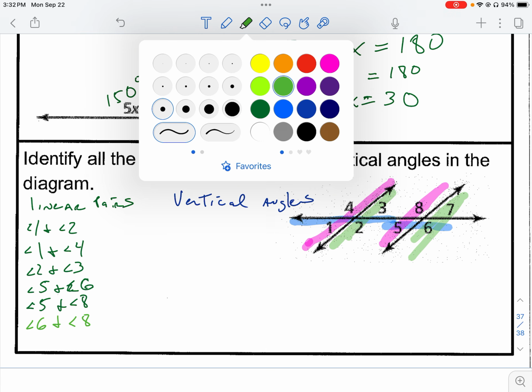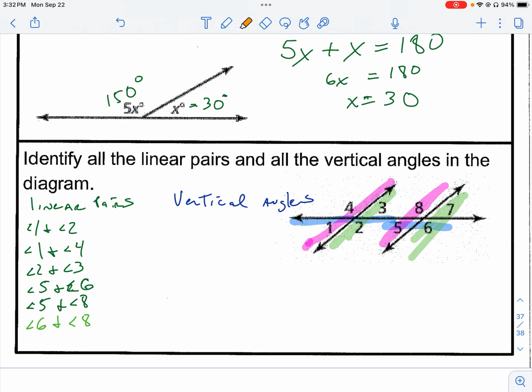Well, some of you, I can hear you saying you missed a couple, and we did. We missed angle 3 and angle 4, and we missed angle 7 and angle 8. Those are all our linear pairs.